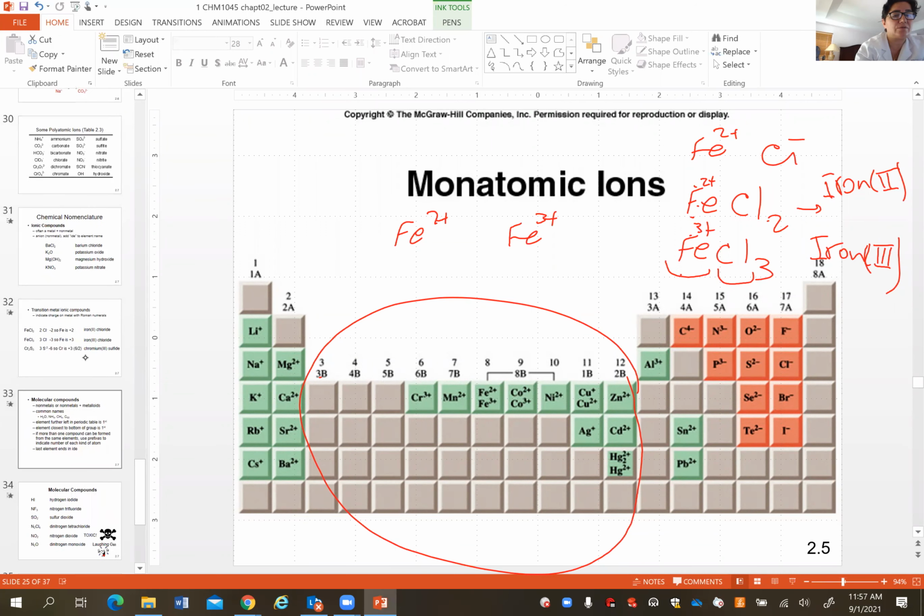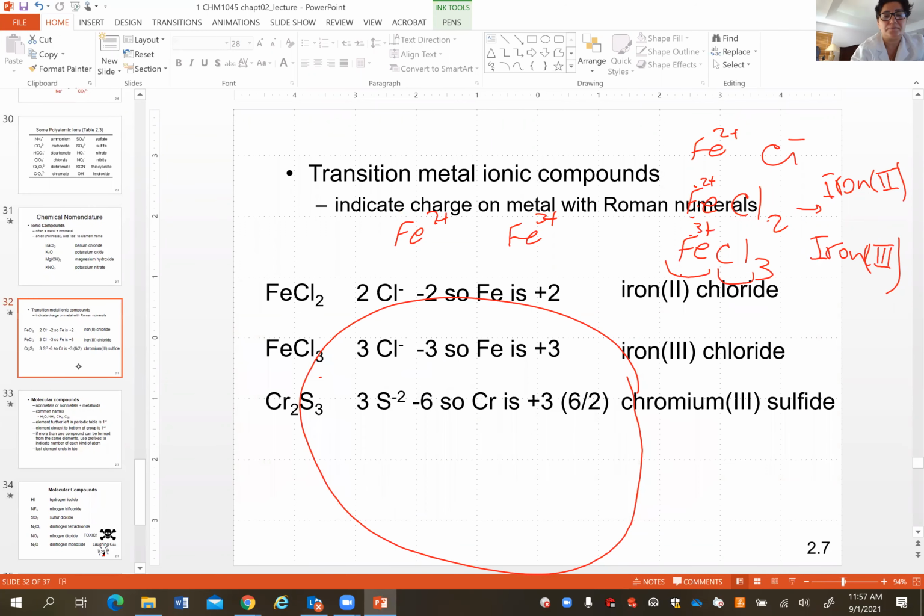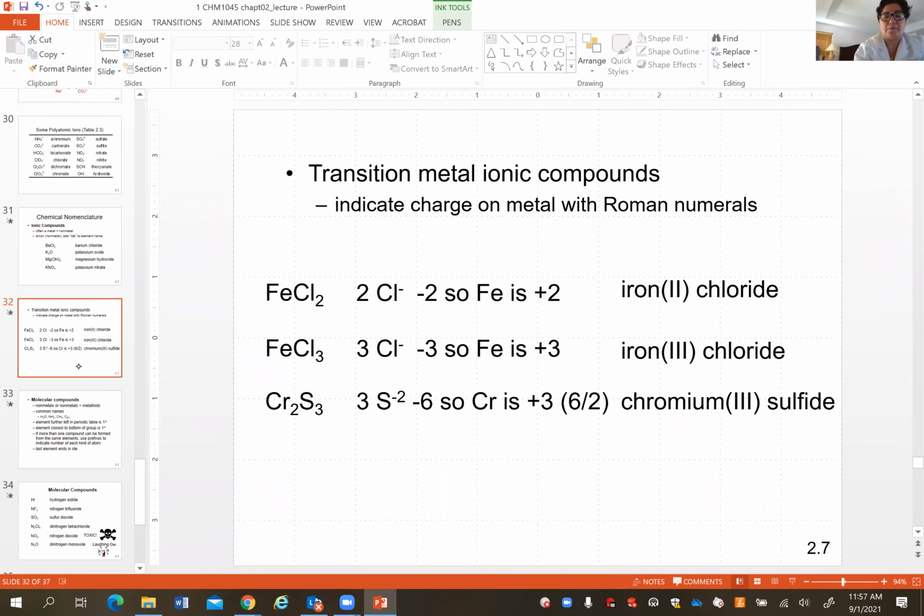Now going back to what we had here. If the compound is coming from one of the transition metals with variable charges, you have to indicate the charge of the metal in parentheses using Roman numerals. Now, which ions or charges do you have to be worried about?